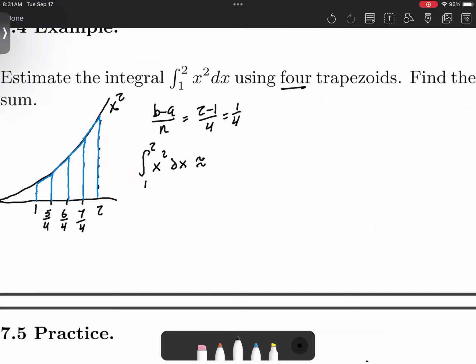They all have the same base of 1/4, which we divide by 2. And now the first height occurs once, so we'll take f at 1. But then this height occurs twice because it's shared between those two trapezoids. So we have 2 f of 5/4.